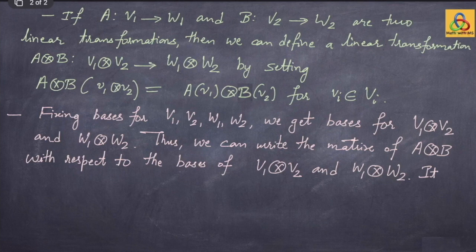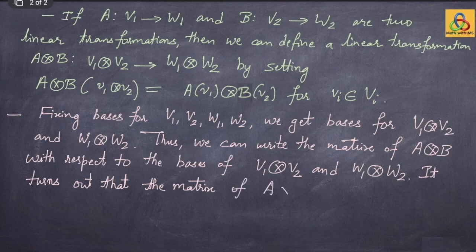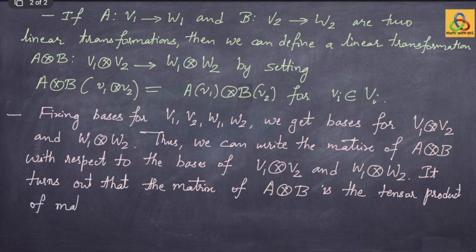What is interesting is that it turns out that the matrix of A tensor B is the tensor product of the matrices of A and B with respect to the given bases.